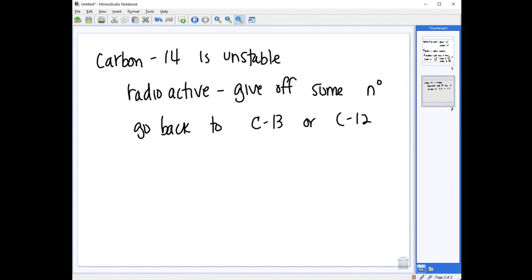So when we look at what is happening in the nucleus, we can use nuclear equations. Nuclear equations take a look at what is happening just within the nucleus. We're not concerned about what's happening anywhere else. We're looking specifically at what is happening in the nucleus.